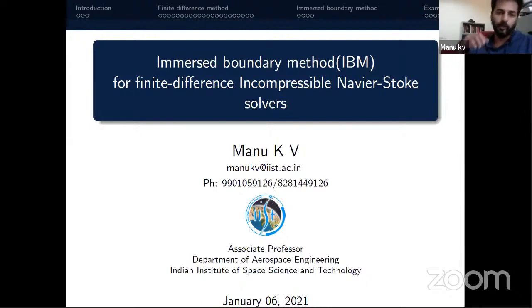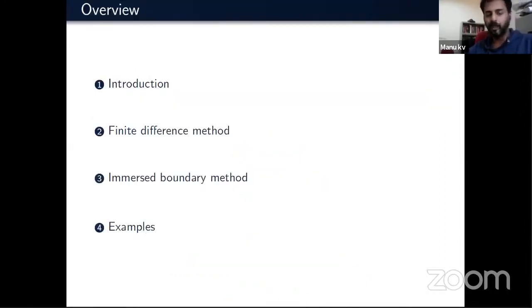Today I will talk about a method commonly used in CFD, known as the immersed boundary method, and how we can implement the immersed boundary method in a Navier-Stokes solver using a finite difference scheme. Let me give an overview of the presentation.